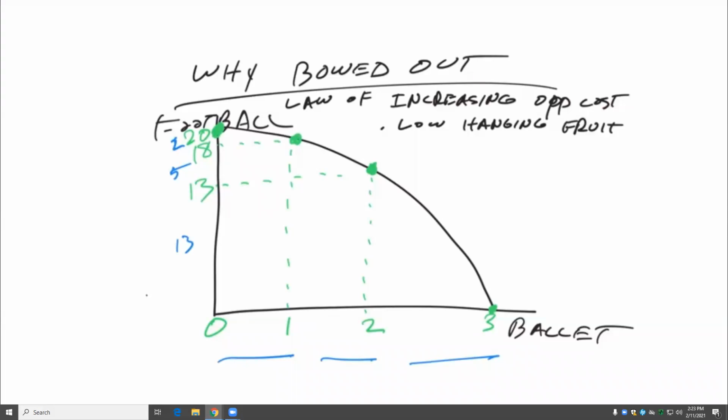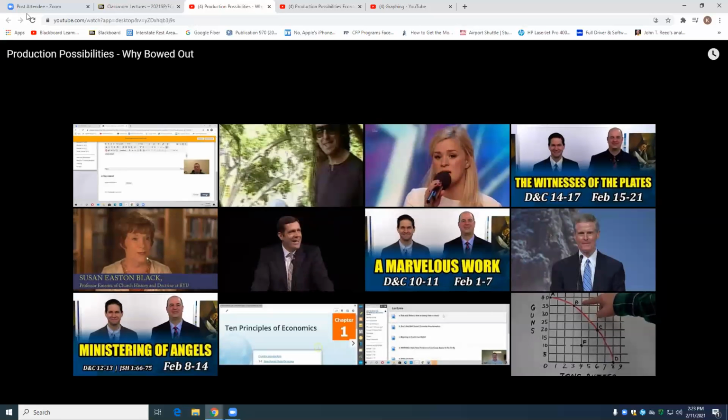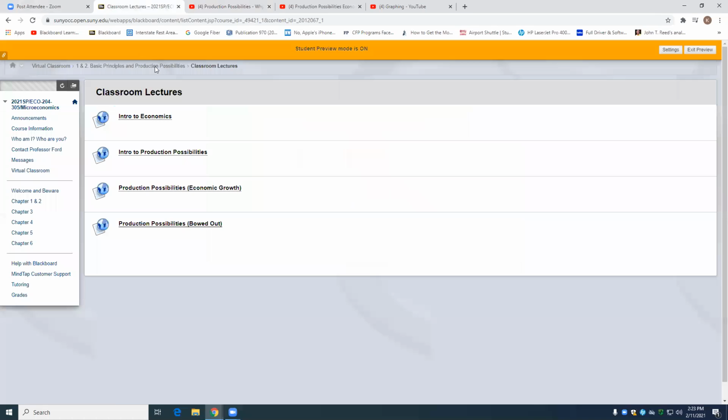You know, again, the bottom line here is it simply models the fact that resources tend not to be equally suited for all types of production. There you go. And thus ends chapter 2.